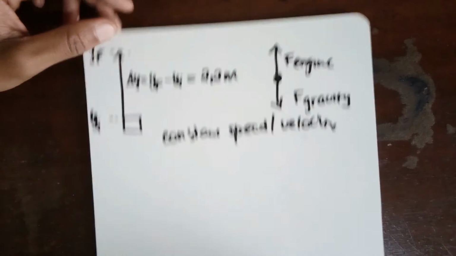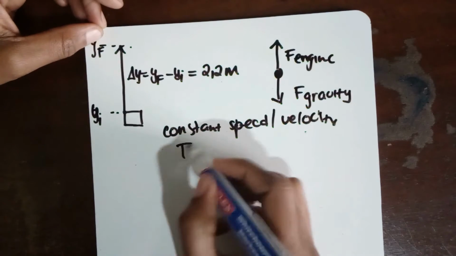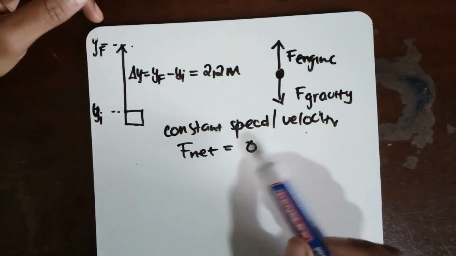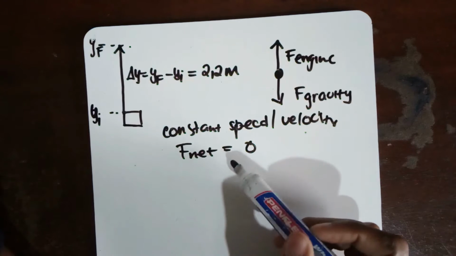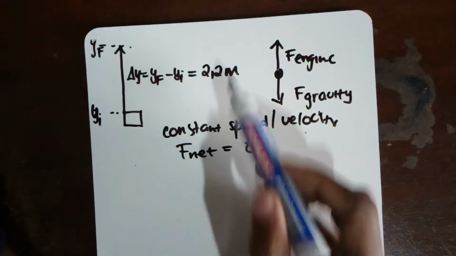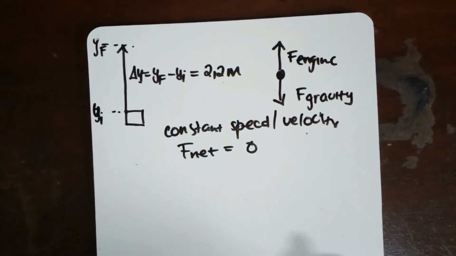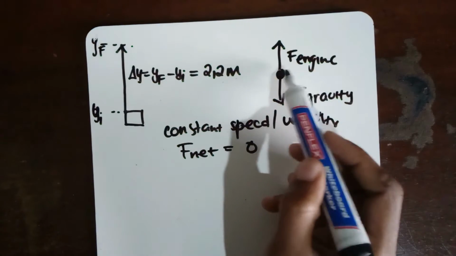So this means that we have to apply Newton's first law of motion where we say F net equals 0. It's 0 because remember for Newton's second law, F net is equal to the product of mass and acceleration. And if something is moving at a constant speed or a constant velocity, its acceleration is 0. So we now have to look at our forces.